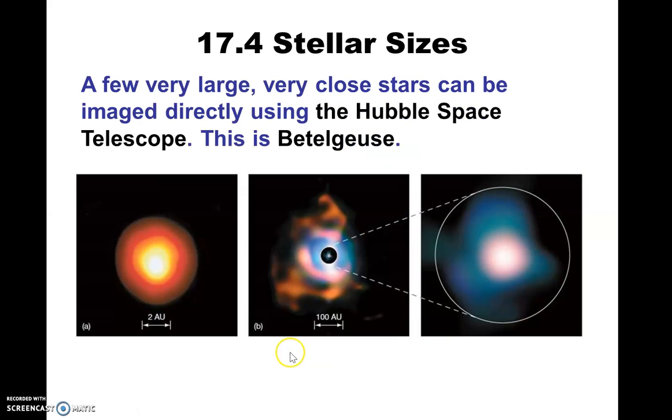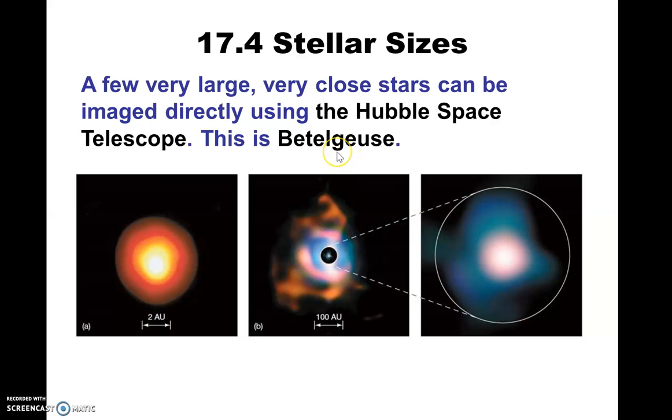All right. There are very few stars, by the way, where you can directly measure the size of the star. Betelgeuse is a large enough star, and with the Hubble Space Telescope, we can actually measure its diameter, and then of course calculate its radius.